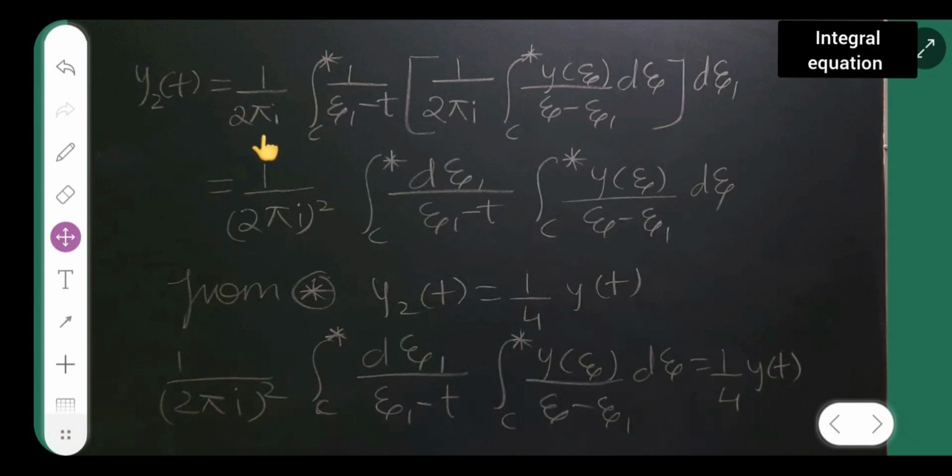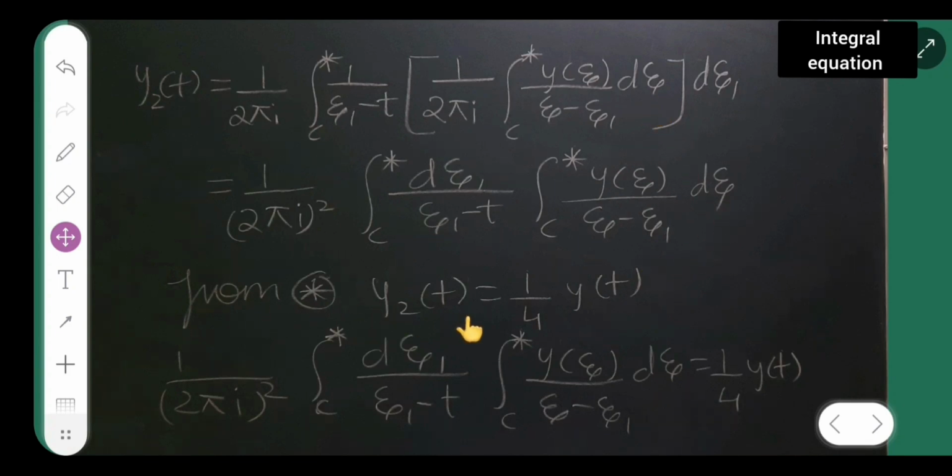Now this into this I have made first, so it will be 1 upon 2 pi the whole square integral from c to star. Now this dxi1 I have brought over here upon xi1 minus t, then integral from c to star y of xi upon xi minus xi1 into dxi.